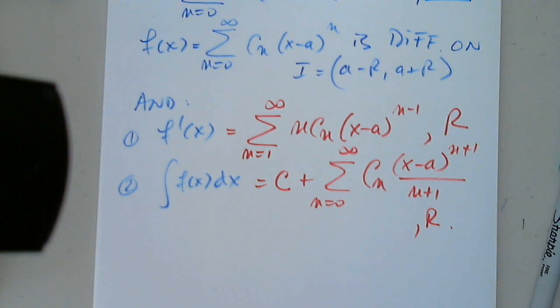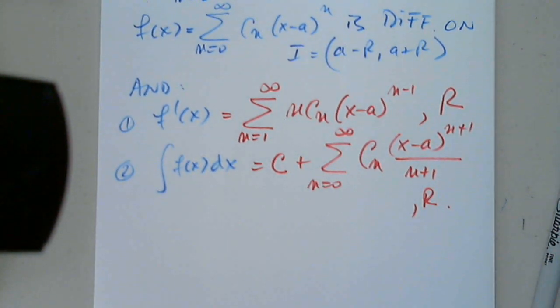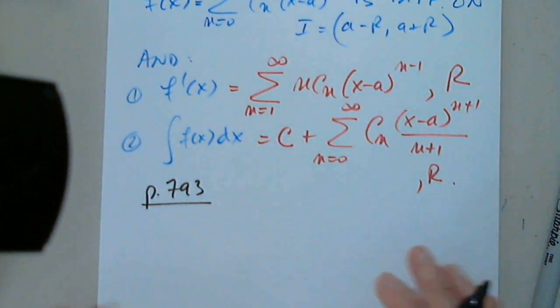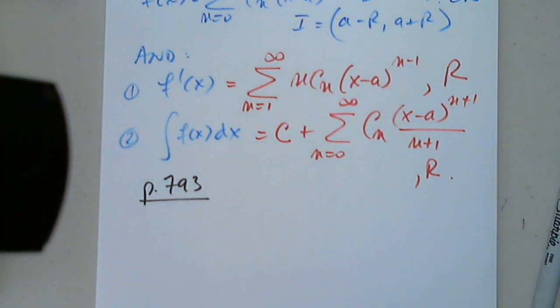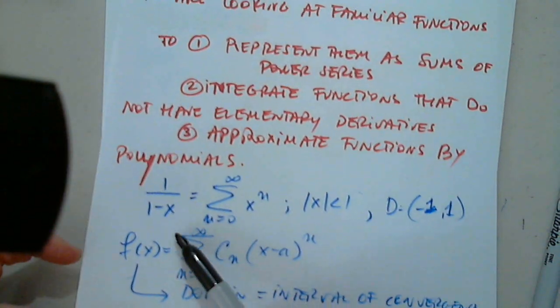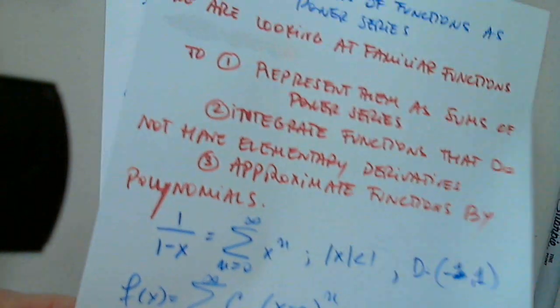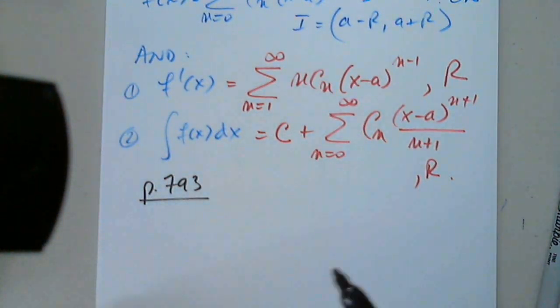Okay, so let's look at a few applications and illustrate what we just discussed. So let's start with, we're looking on page 793. Okay, so this is one power series representation for this function. I would like to add two more here that you will see.